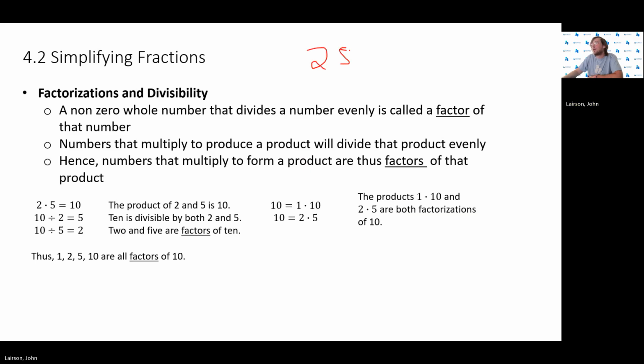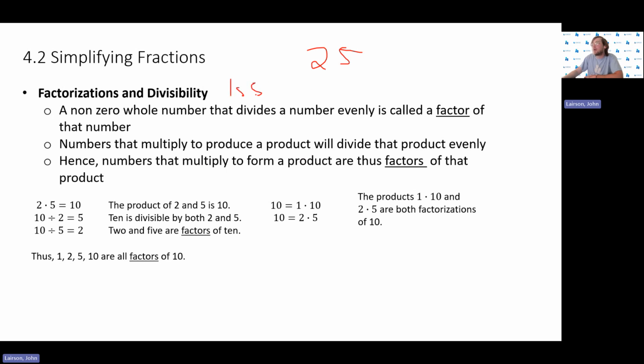25, and I want to determine whether another number is a factor of 25. A factor is a number that divides the original number evenly, meaning that when we divide them, we're going to get a whole number, not a decimal or a fraction for that matter. So if I want to see if 5 is a factor, I'll write out the question.